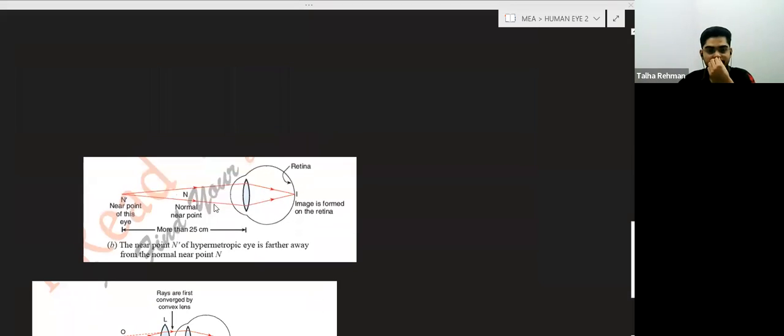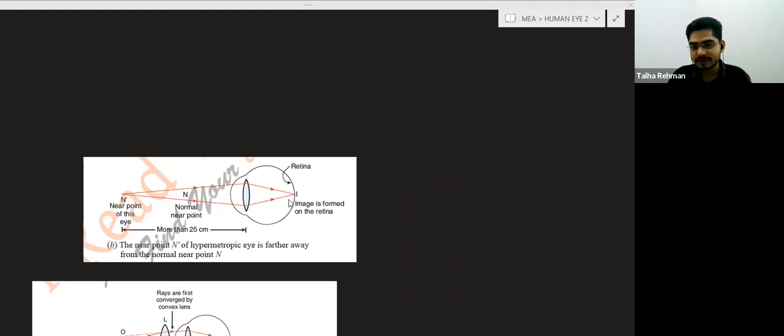Okay, so you can see in this figure, if the object is at the near point of the eye, oh sorry, I said far point, this is near point. So if the object is at the near point, then the image is formed at the retina.